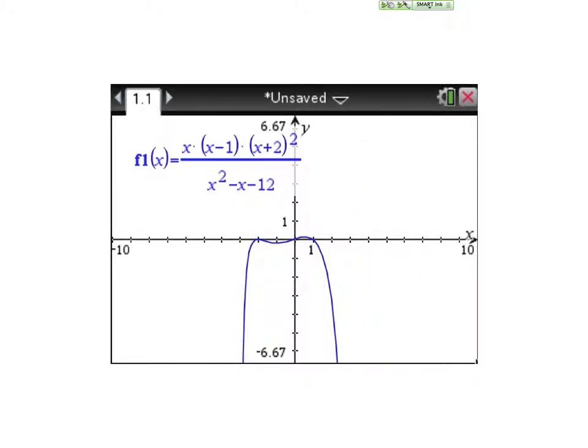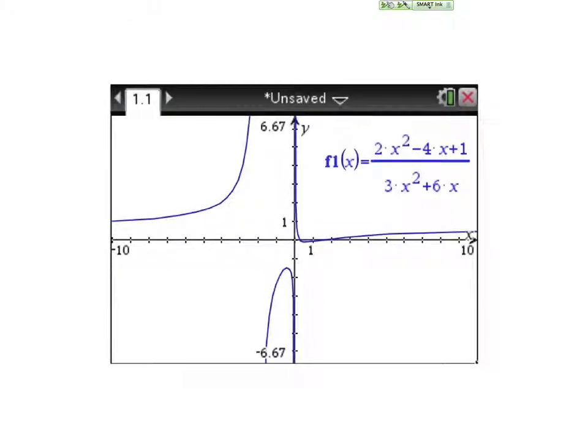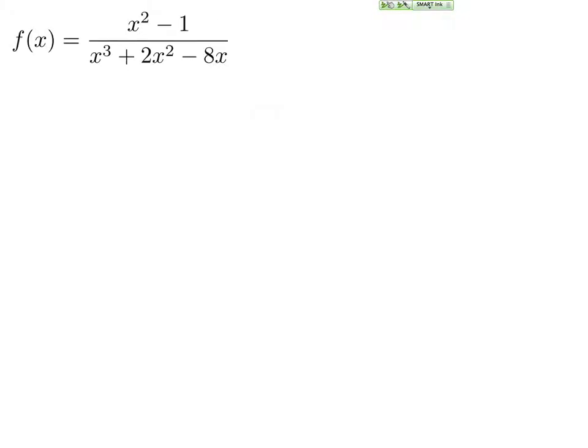Let's get to the third situation. All right, so here I have x squared minus 1 over x cubed plus 2x squared minus 8x. So what do we do to get started? Factor out an x.